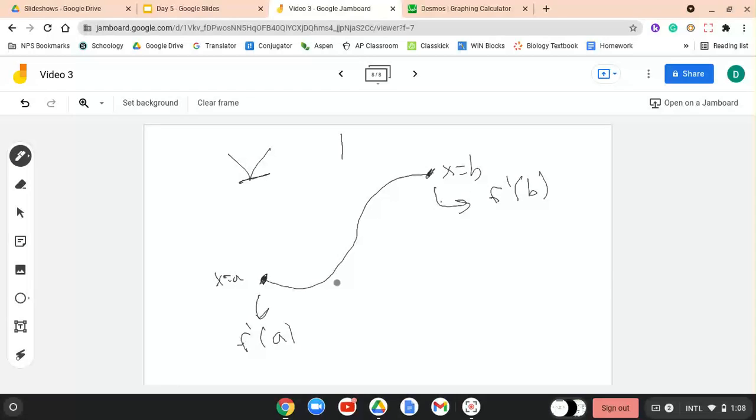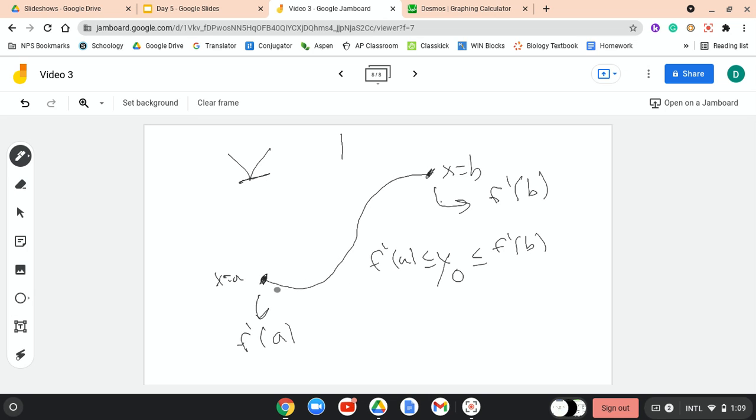Well, it means that if you have some number, let's say y naught, that is in between f prime of A and f prime of B, or equal to f prime of A or f prime of B, then at some point in this interval, the slope will be equal to whatever number you want in between these two numbers.